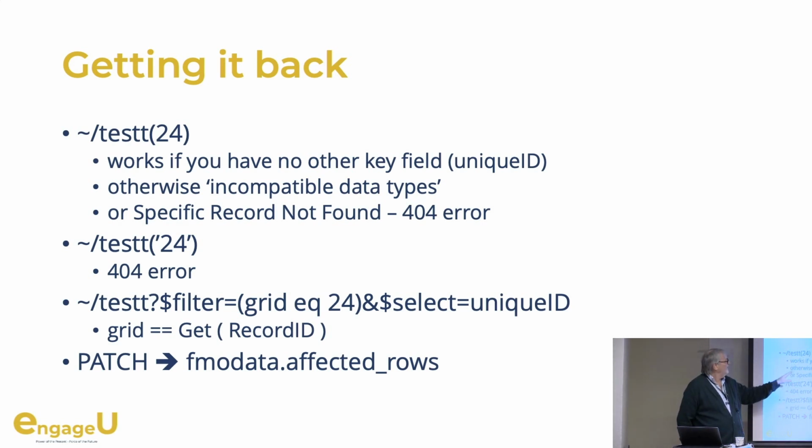Okay? When it doesn't work, you might get something like incompatible data types. And you go, okay, that's a number. Maybe it needs to be a string, so I'll kind of wrap it in single quotes. No, that doesn't work either, because it's trying to look at the wrong field.